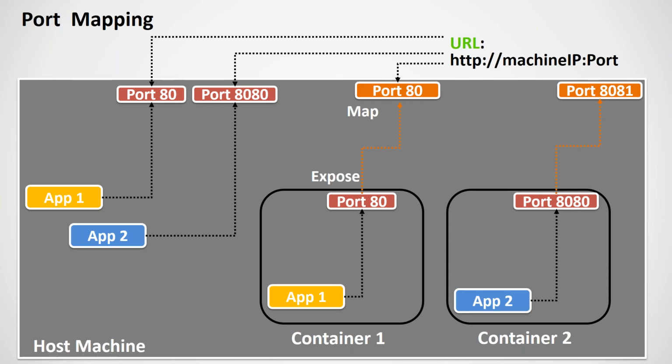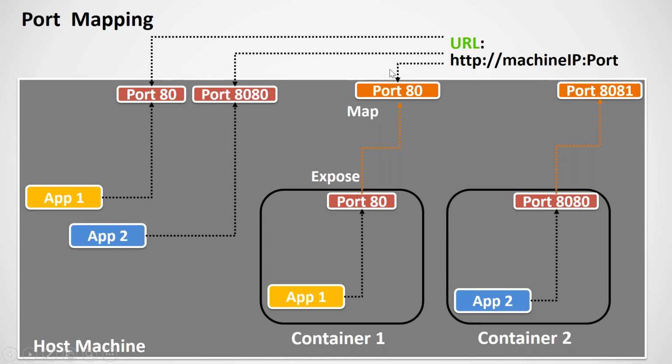So it's not mandatory that whatever port you are exposing, you should map it to the same one, because this is coming from the application directly. However, when you are mapping, you need to make sure that the port you want is available. If not, you can choose any other port which is available and map to it.